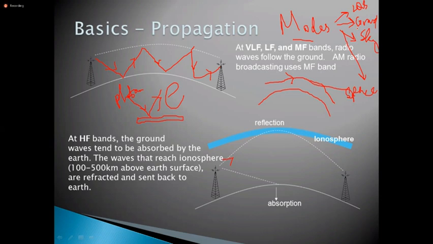Now, ground wave propagation and sky wave propagation can propagate the radio waves up to a maximum of about 1500 kilometers.